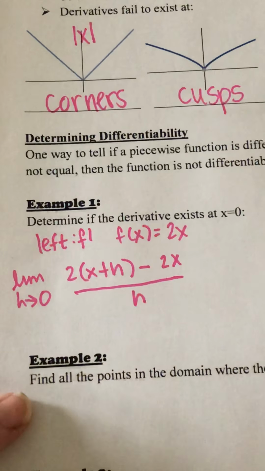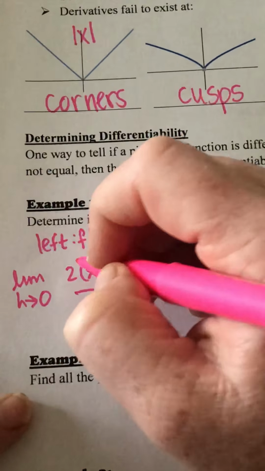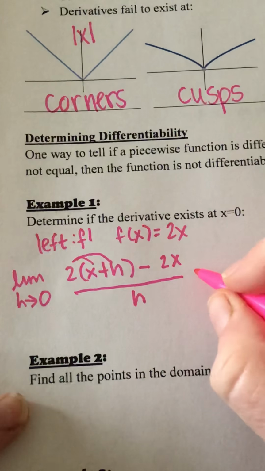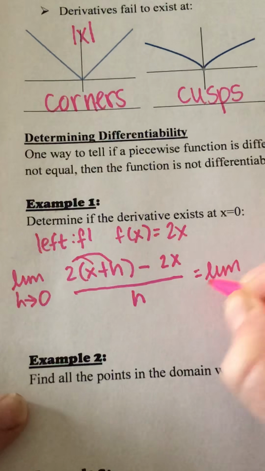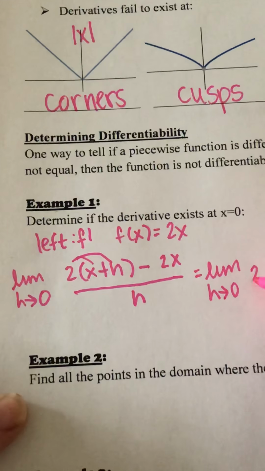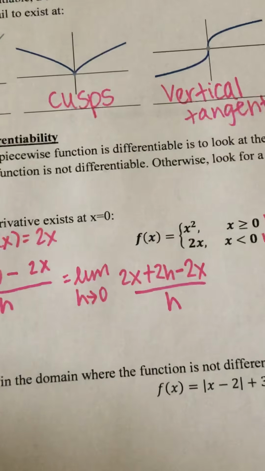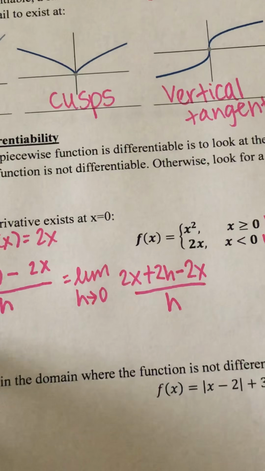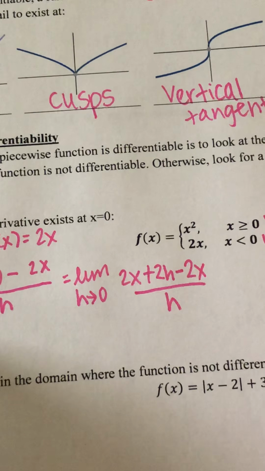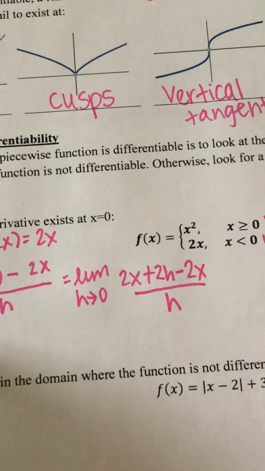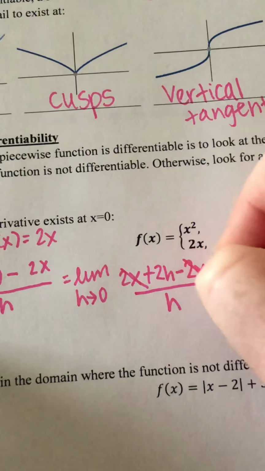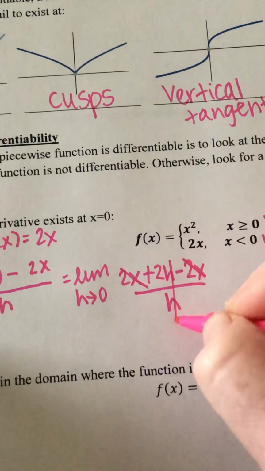Now this is a much easier derivative than you've probably seen. That becomes the limit as h approaches 0 of 2x plus 2h minus 2x all over h. Your x's cancel, and we get 2h over h, and the h will cancel.